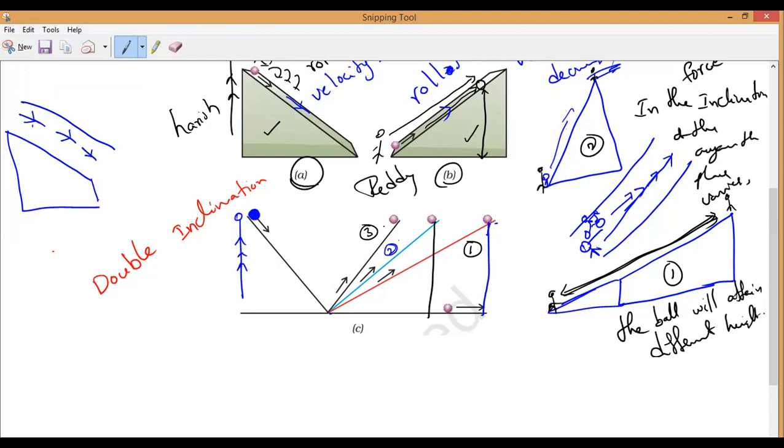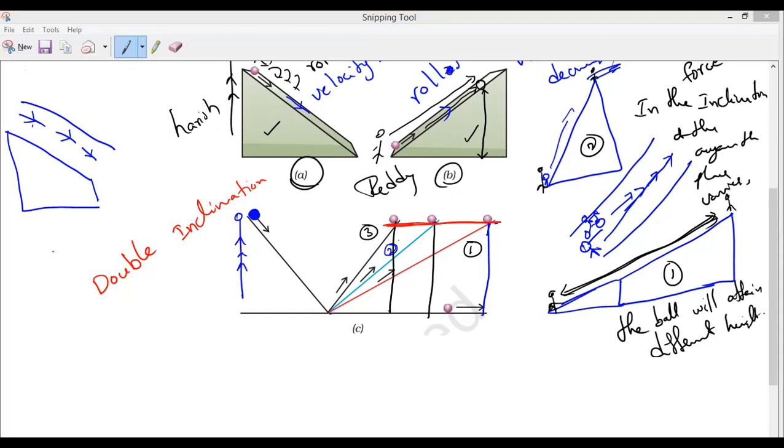The distance traveled is less compared to the second and first case, but what is the height attained by the body, from the ground? Same or not? Yes, sir, same. This is what I'm asking. Maybe the traveling distance is different, but the maximum height attained is the same.